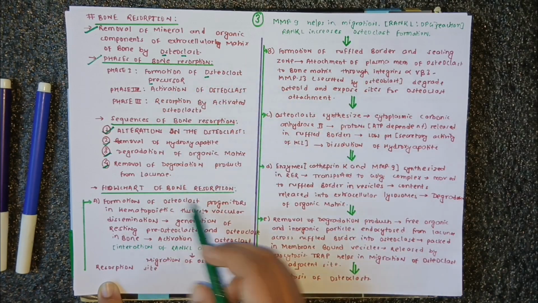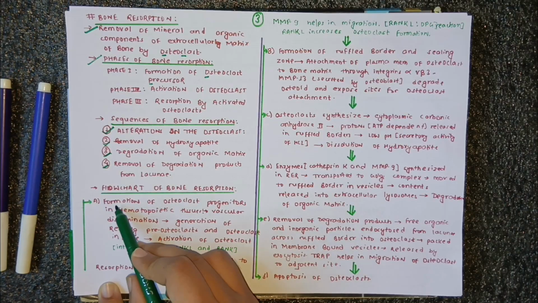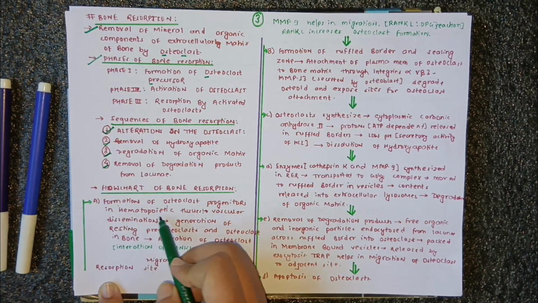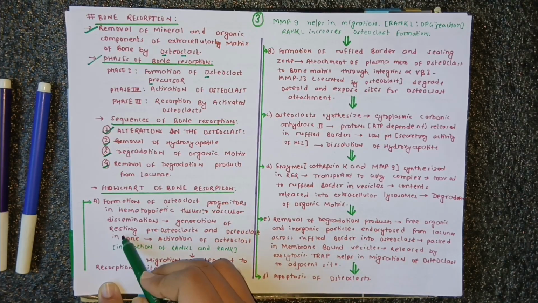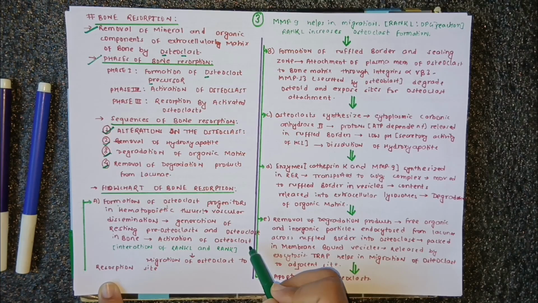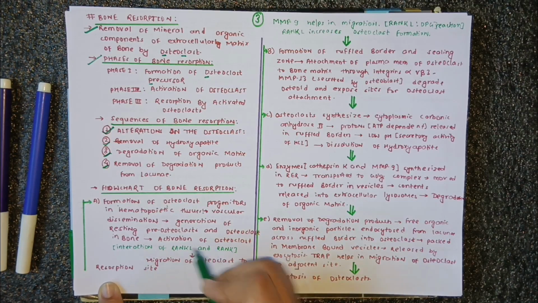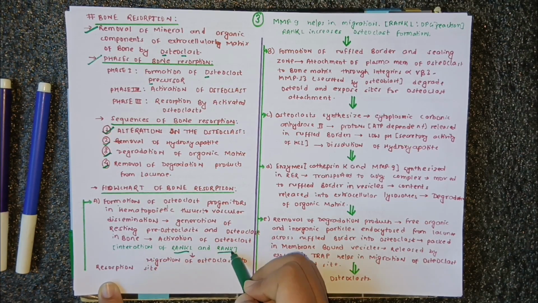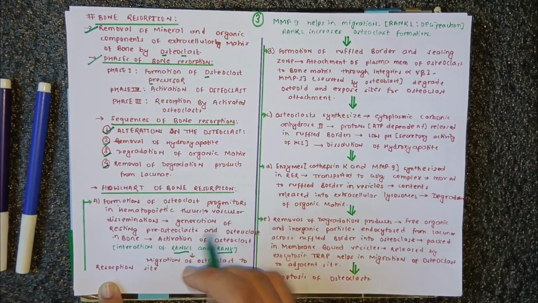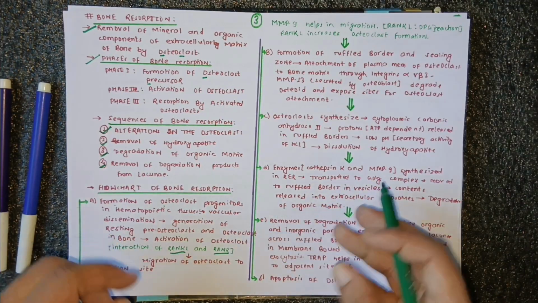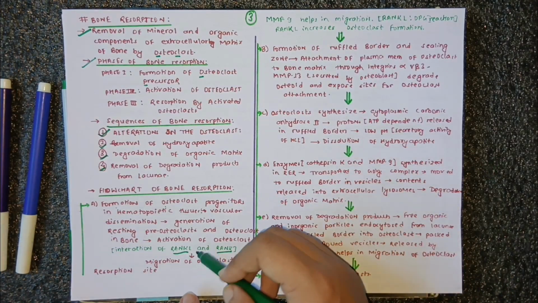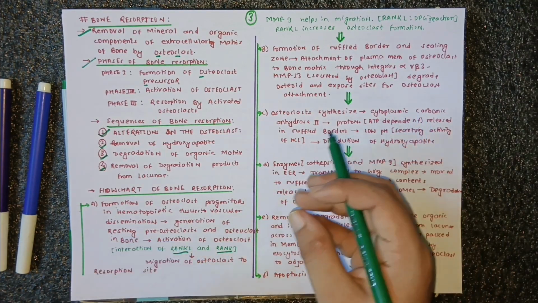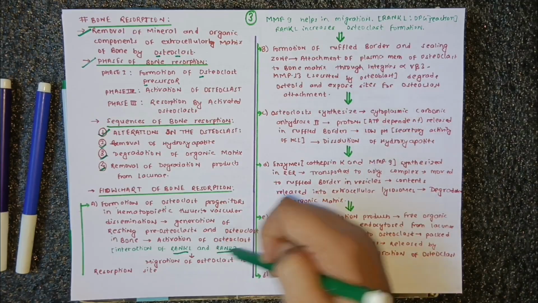Vascular dissemination takes place there, and then generation of the resting pre-osteoclast and the osteoclast in the bone, and activation of the osteoclast. This activation is due to the interaction of RANK-L and RANK. Don't go in depth, but just remember they are the receptors present on the cells. One is a chemical, another is a receptor, and they interact with each other and activate the osteoclast.